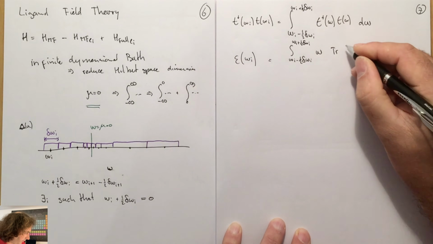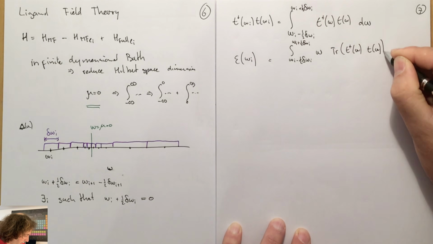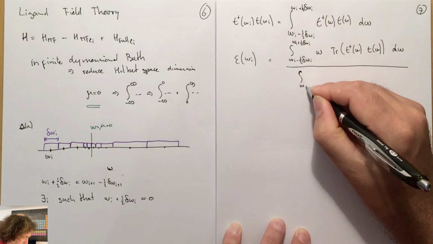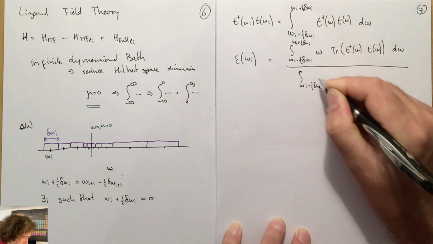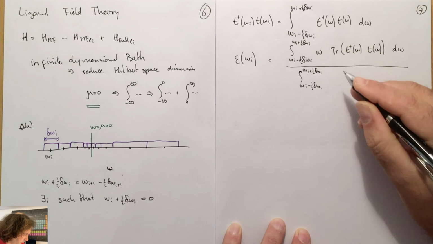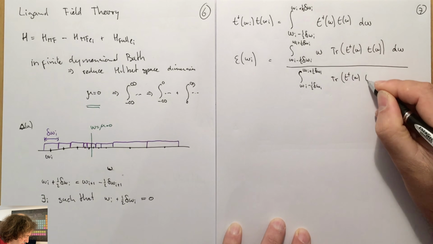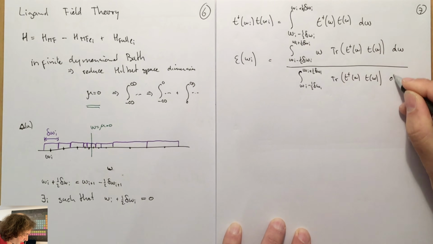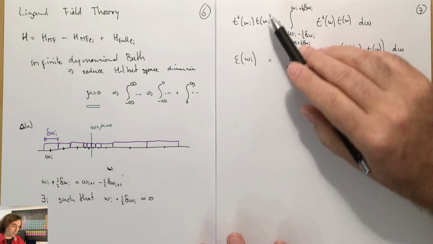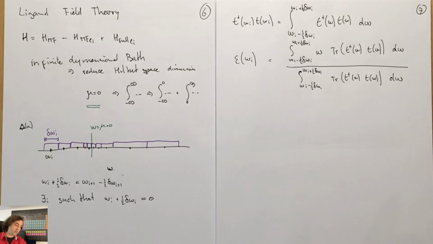That is, the integral of omega times the trace of T dagger omega T omega d omega, divided by the integral without the omega. Note that with this definition we have all orbitals hybridizing with the state at the same energy.